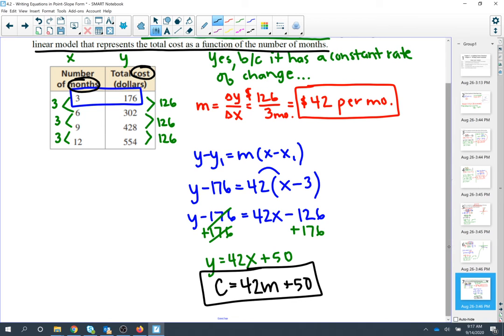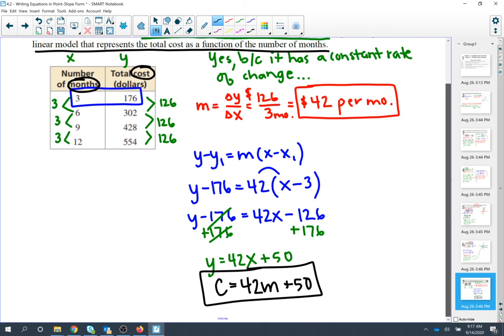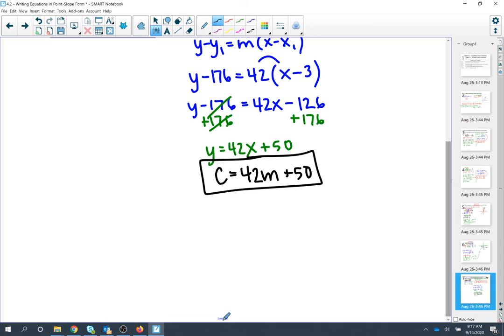And then just one more thing to interpret. It says the table shows the total cost for different number of months, and it said you paid an installation fee and a monthly fee. Well, if I take a look at this, what would be the installation fee and what would be the monthly fee? So the monthly fee is your $42 per month, which is your slope.